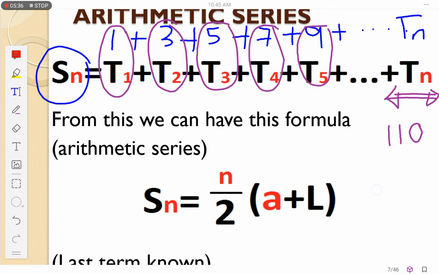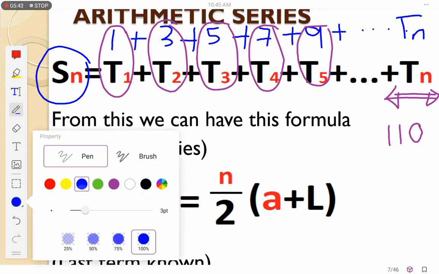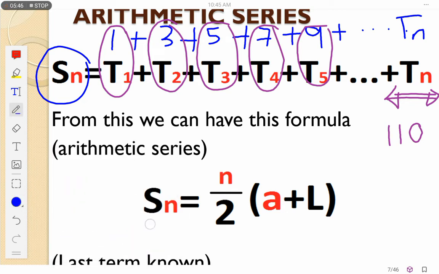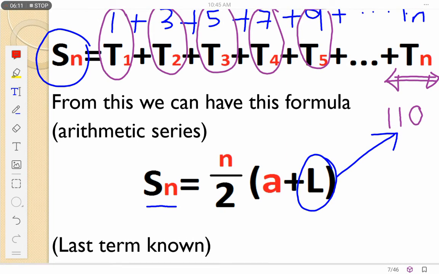We will have a lesson whereby we'll derive these formulas later on. The formula is Sn, summation of n terms, is equal to n over 2 bracket a plus l. The l here is the last term that I'm saying is known. That is 110 in my case, that I'm just using to elaborate the terms. So that will be the formula that we use.